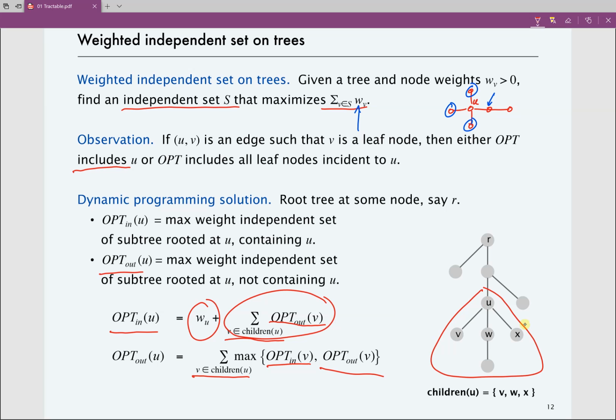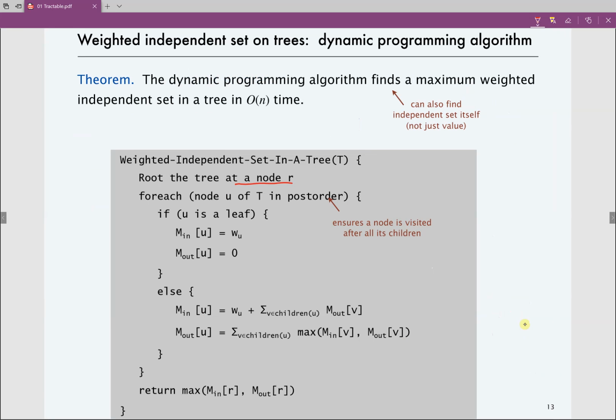We're making a statement about this large subtree rooted at U in terms of smaller subtrees of the children of U. So this means that we want to process these smaller subtrees before we process the large subtree. We want to process the children of a node before we process the node itself. This is why we're going to consider all of these nodes here in post order.